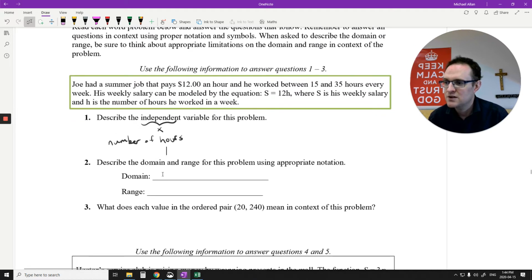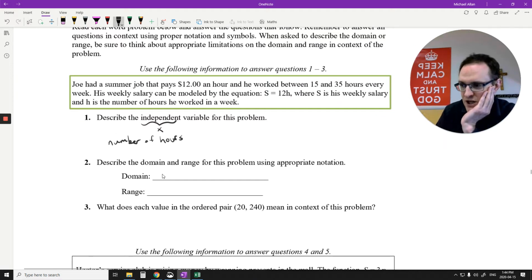Describe the domain and range using appropriate notation. So my domain is my independent variable, it's my x variable. So in this case, it's my h. So I have to put an h there this time. Now, it doesn't make sense to get paid negative amounts or go back in time. So I'm going to have to start off with 0.